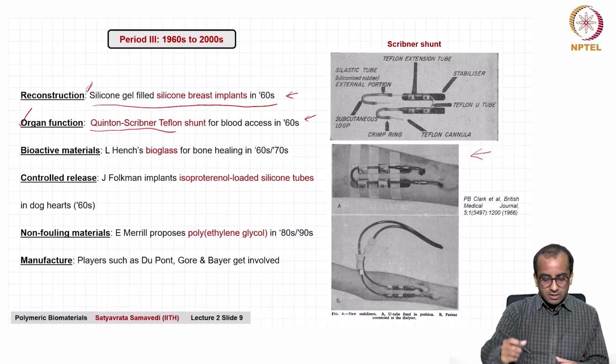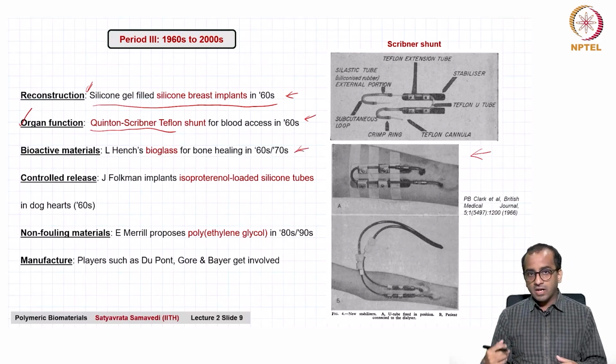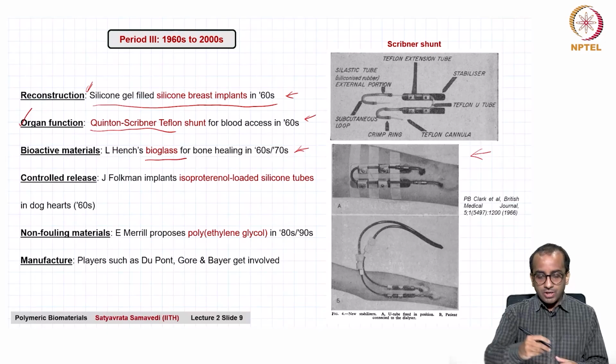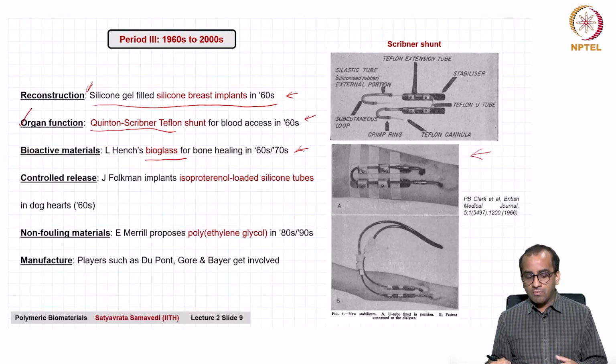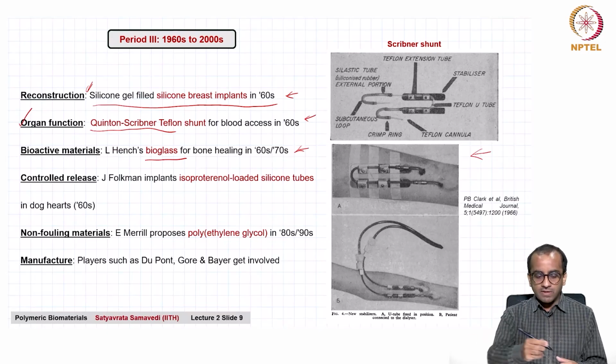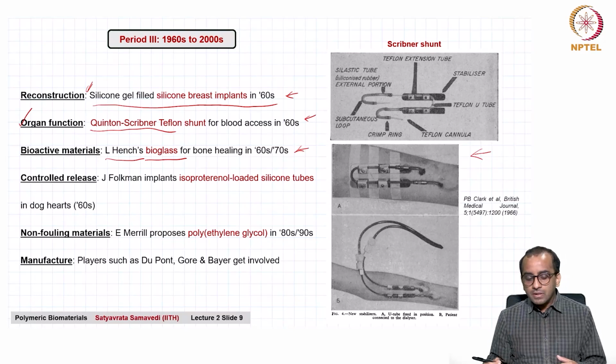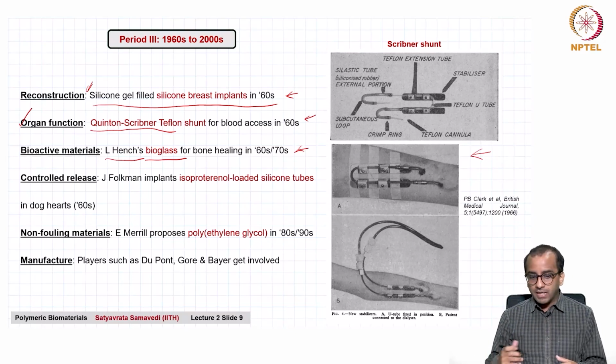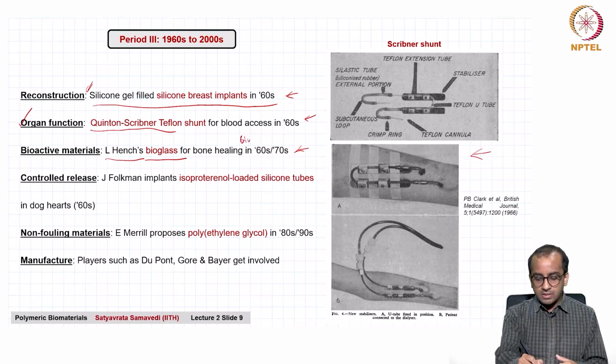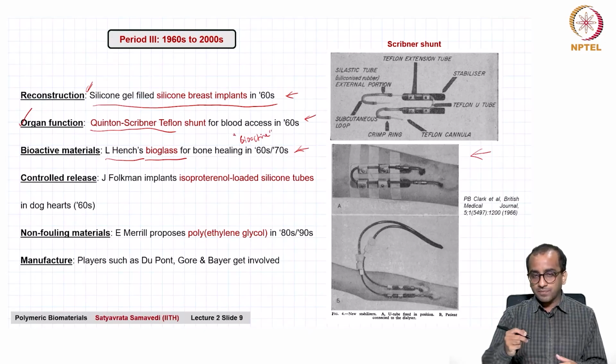Moving forward, again in the 60s and 70s, you have the development of bioglass. Now, bioglass is a silicate based glass with calcium oxide and phosphate based ions being added to it. So, it was developed by Larry Hench, and it became very significant because this was what we would today call bioactive.